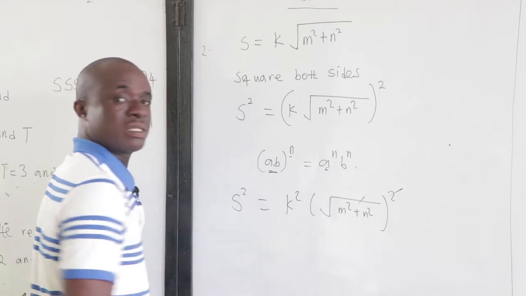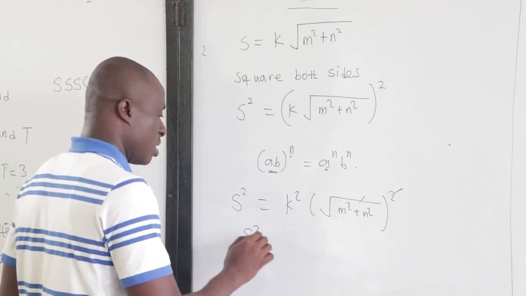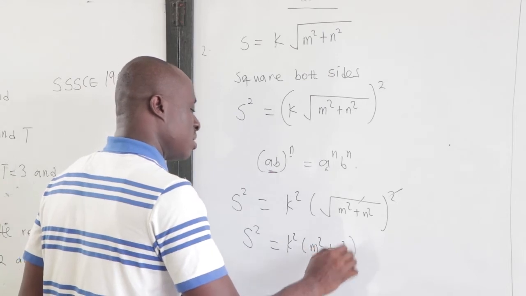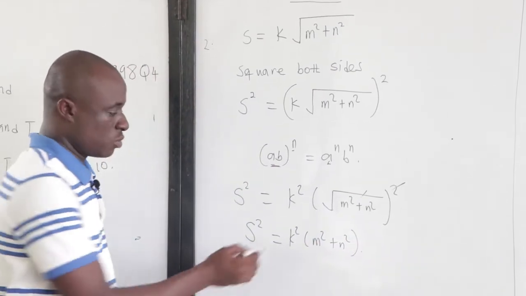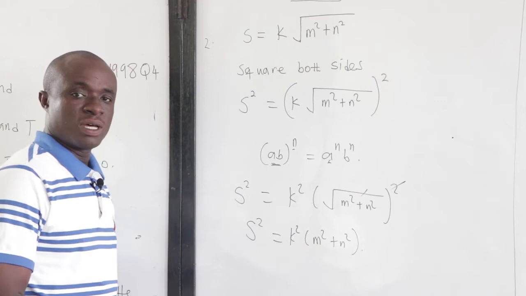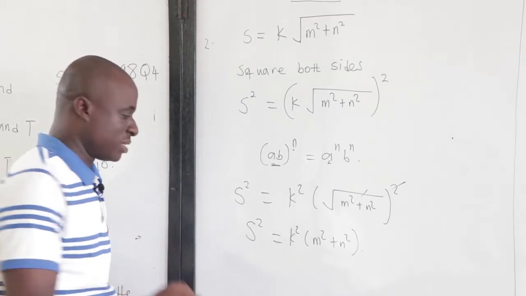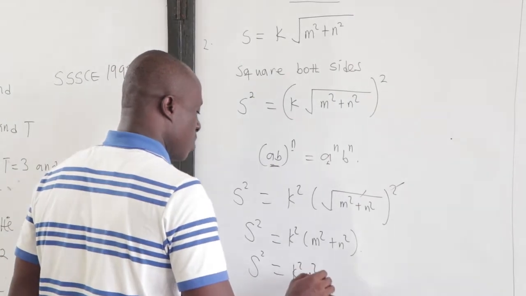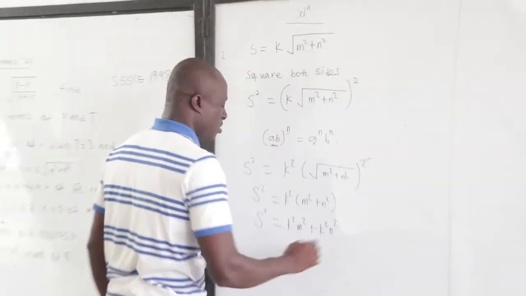Like this, the square will cancel that. So you have S squared equal to K squared (M squared plus N squared). We want to make M the subject. What do we do? We expand using the distributive property. So you have S squared equal to K squared M squared plus K squared N squared.